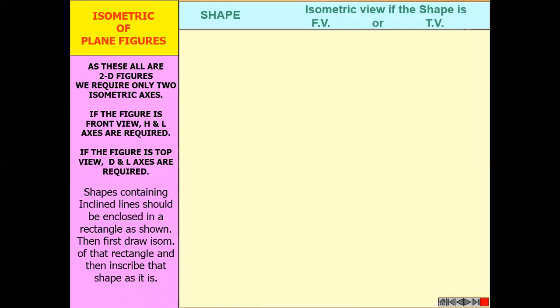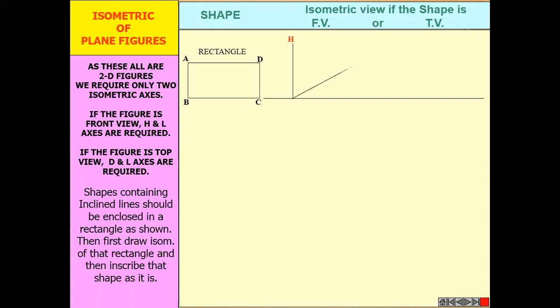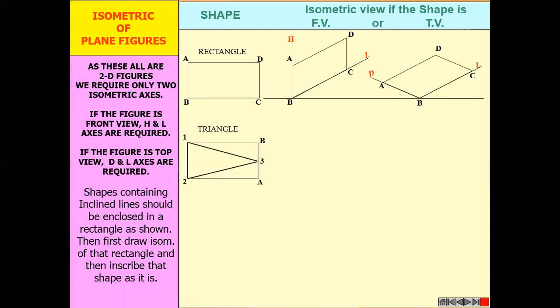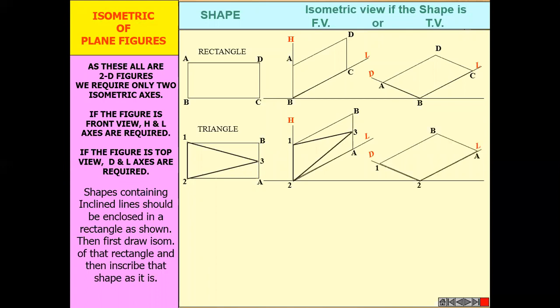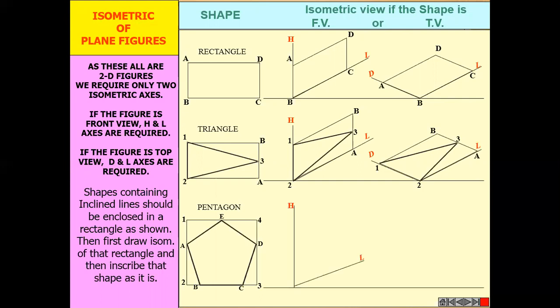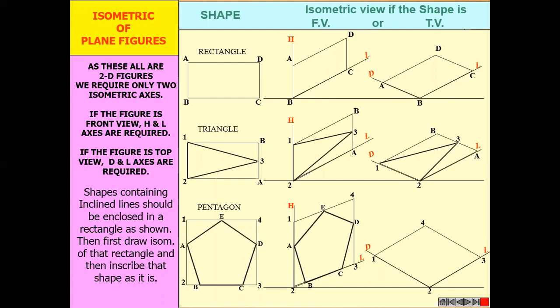Here are some shapes which look 2D in the front view or top view, shown in isometric view. The first one is the rectangle ABCD, which looks like this in the front view.